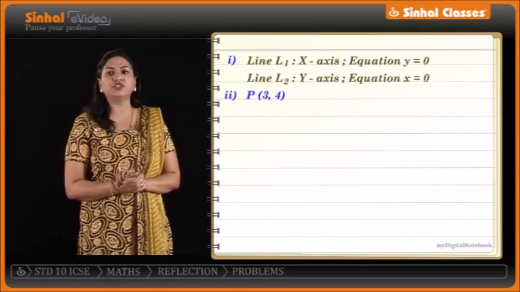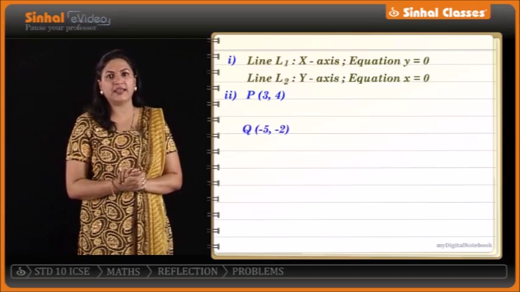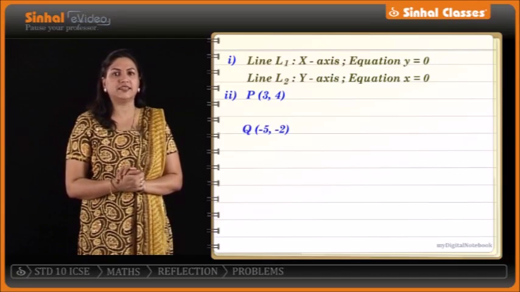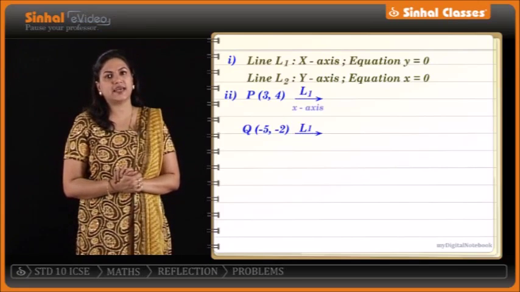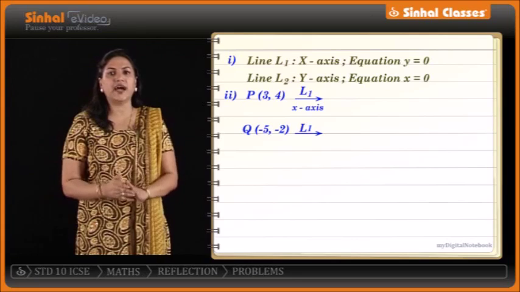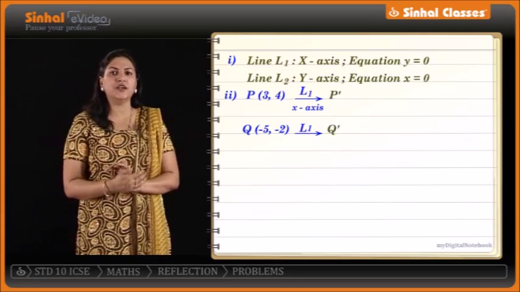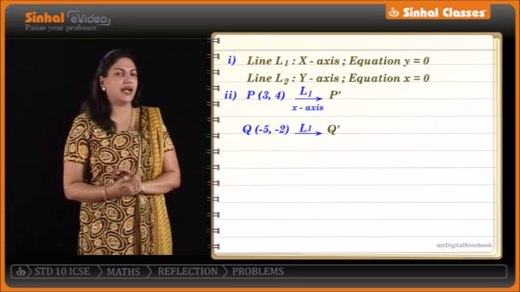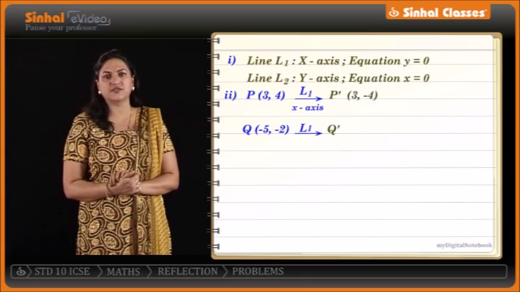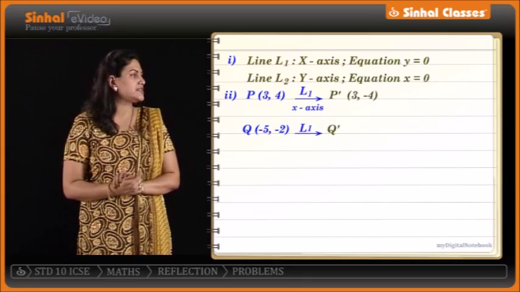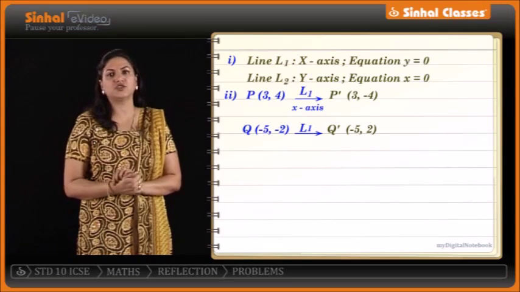Now write down the images of the points P and Q when reflected in the line L1, that is nothing but the x-axis, as P dash and Q dash. So we will get P dash as 3, -4 and Q dash as -5, 2.